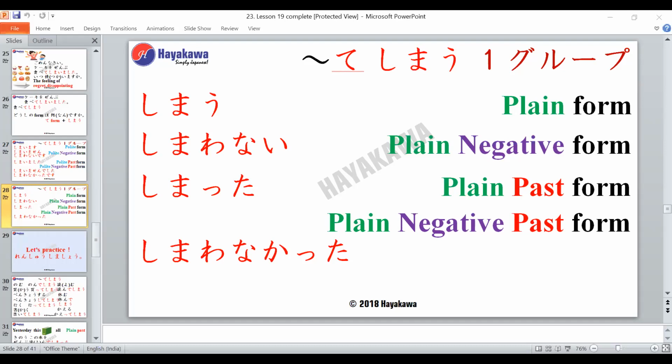And the plain negative past form will be shimawanakatta. Right? Any doubts over here? Has everybody understood this? Yes.